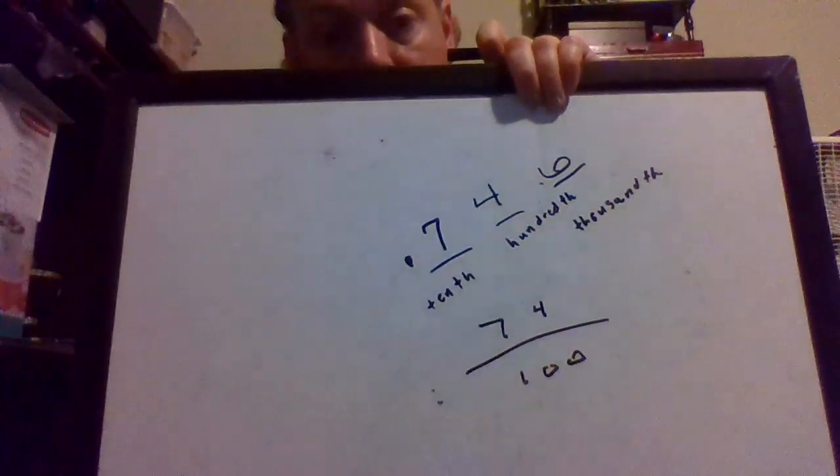This would be 4 out of 100 if we didn't have the 7 there. If we had a 0 there, it would be 4 out of 100. But since we have the 7 in front of it, now we have 74 out of 100.